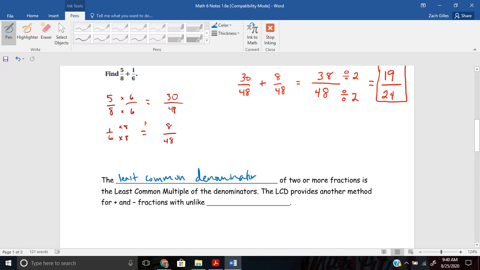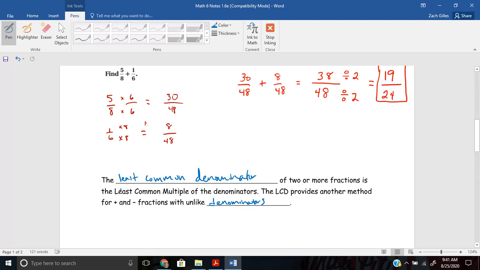So essentially, we're just looking at our denominators and finding their least common multiple. This provides another method for adding and subtracting fractions with unlike denominators. So in the next example here, we're going to add the same 2 fractions.